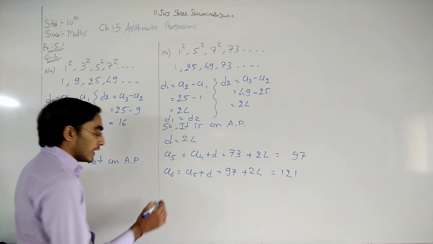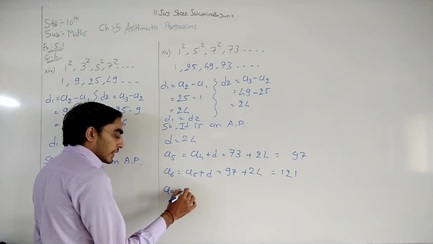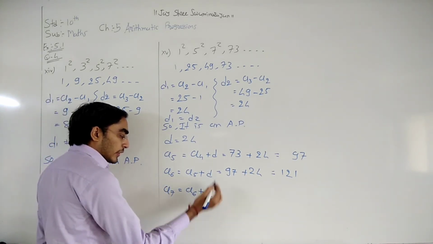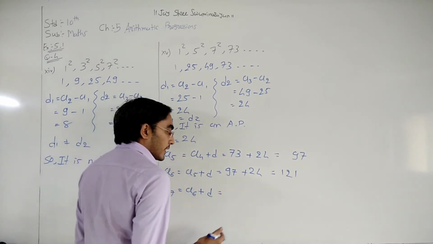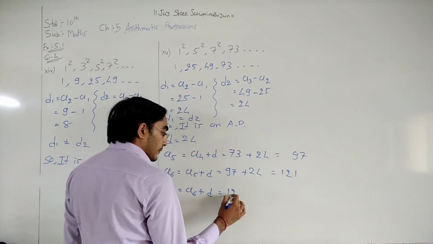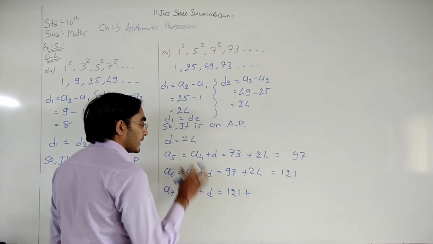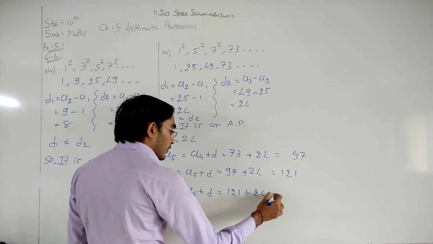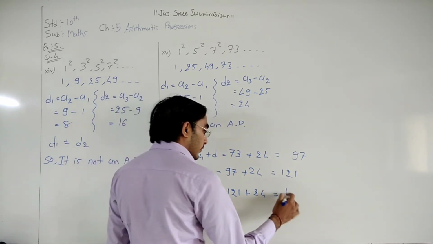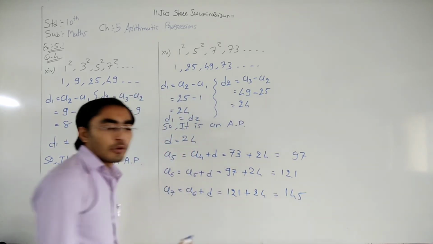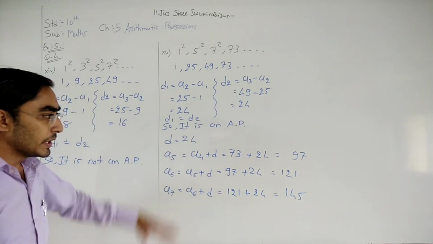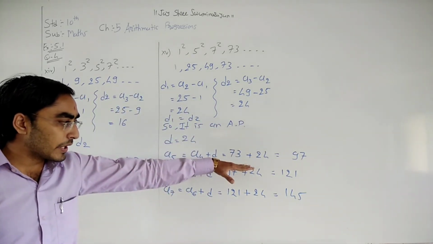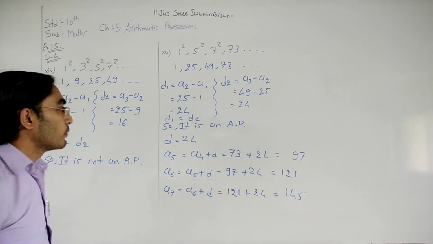Okay, and at last seventh term a6 plus d. So a6 it is 121 and common difference d 24. So 121 plus 24 it is 145. Right? So our three more terms are 97, 121, 145.